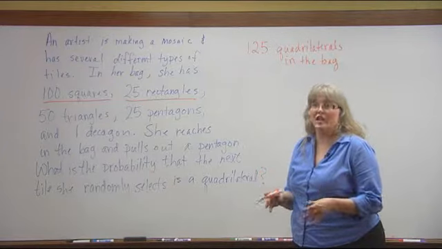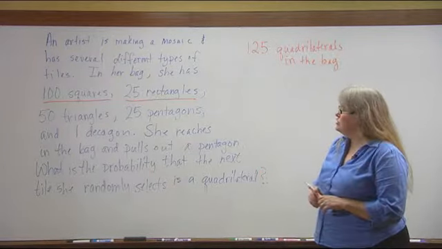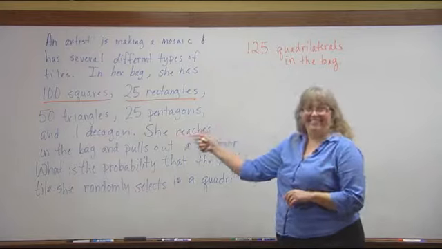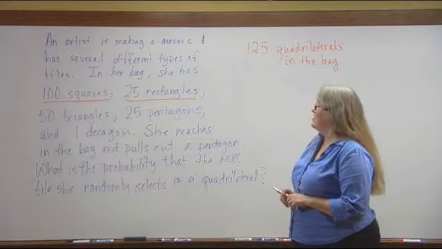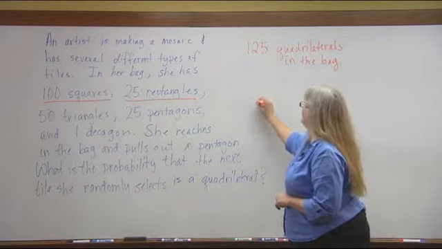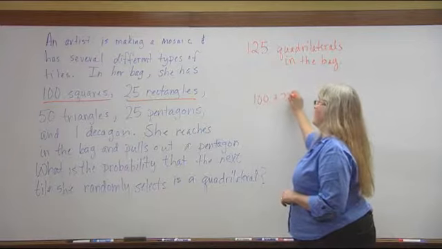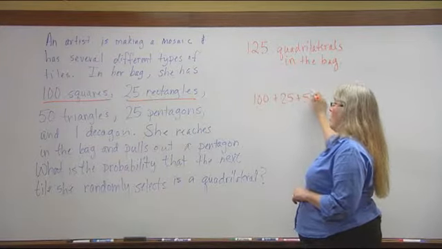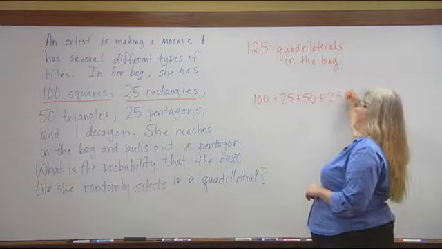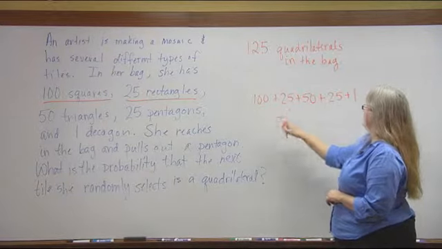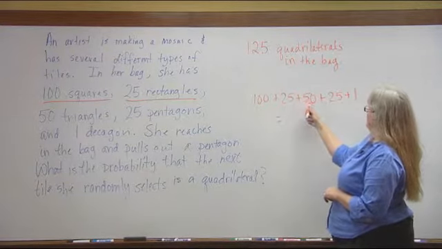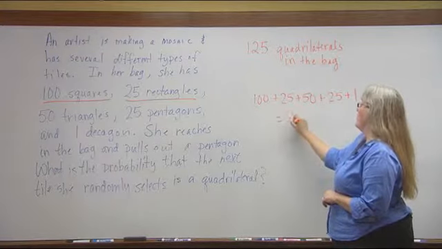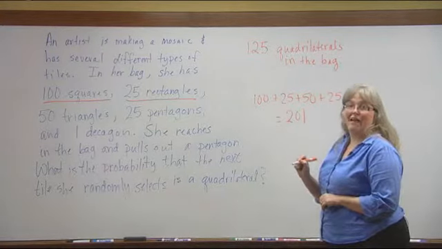What's the total number of shapes in the bag? And so to do that, we're going to add up all of the number of shapes. So we have 100 squares, 25 rectangles, 50 triangles, 25 pentagons, and 1 decagon. So this is, what is that? 50 plus 50, 100, 201 shapes in the bag.